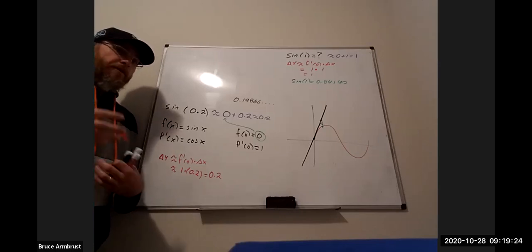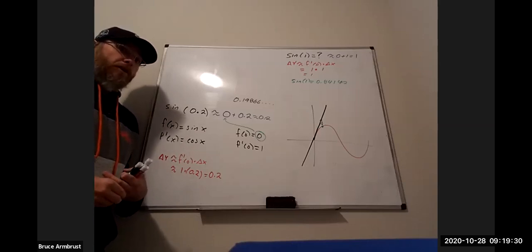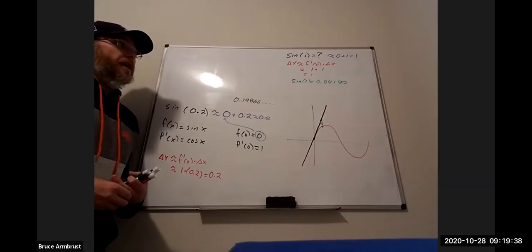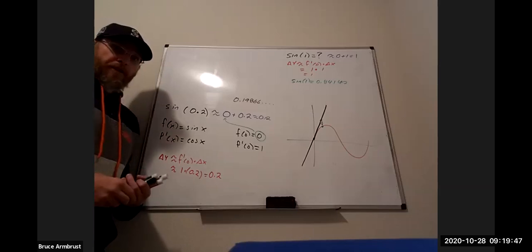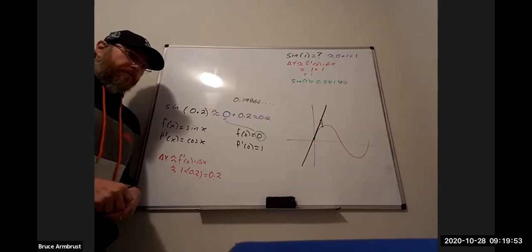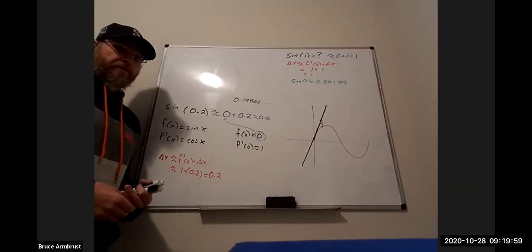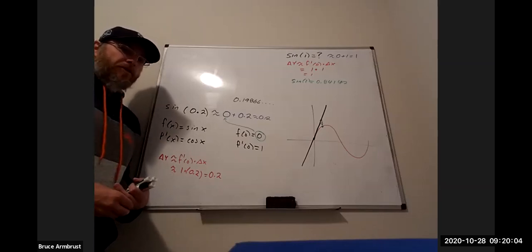So the other thing I want you to remember is that when you do a linear approximation, you need to be close. When you choose the point that you're going to use as your center, you need to actually be close to that value. So me personally, I wouldn't have used 0 here. I would have thought about what nice value for sine I know that's closer to 1. Think about the angles that you know the trig functions for.